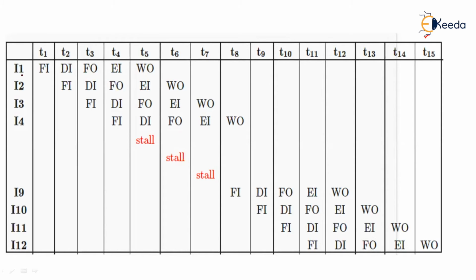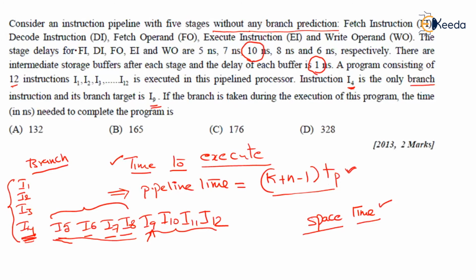When the instruction I1 gets executed, it is going to enter into fetch in T1. Then it enters into decode in T2, fetch the operand in T3, execute the instruction in T4, and write the operand in T5. You can clearly see here, these are the stages: fetch the instruction, decode the instruction, fetch the operand, execute the instruction, and write operand.